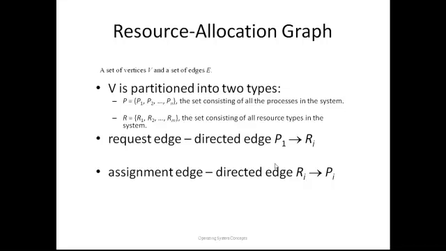Then the assignment edge, which is also a directed edge, that is, R1 is assigned to P1, or Ri is assigned to Pi. That means the edge has a direction. That means this resource Ri is assigned to the process Pi.